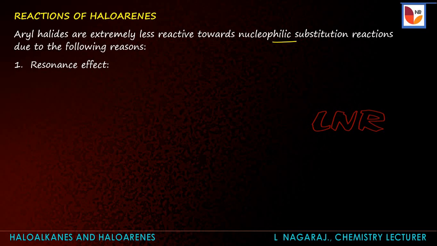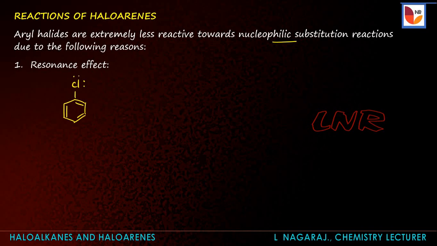The first reason is the resonance effect. In the haloarenes, the lone pair of electrons on the halogen atom undergoes delocalization. Let us take the resonance structure of chlorobenzene.